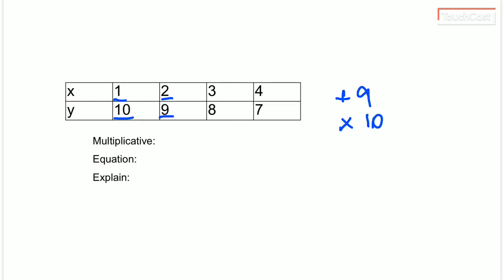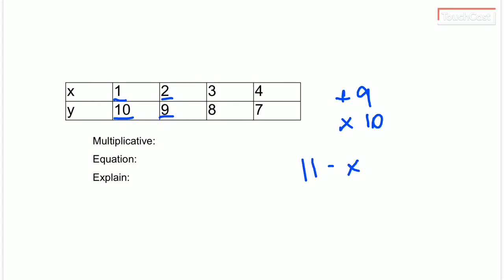Well, as we will discuss, subtraction is one of the operations that we can use in finding equations. So we find out that we are actually taking the input and we are subtracting it from 11.